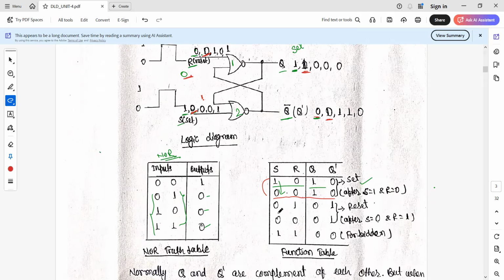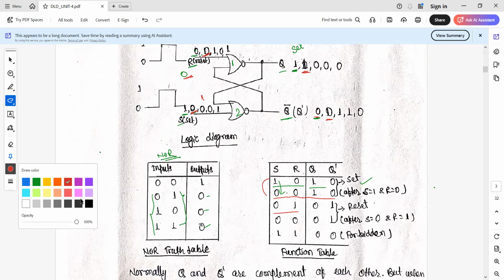Similarly, when we have the condition S is 0, R is 1, for the NOR gate having one input as 1, we are sure that the output is going to be 0. So if you observe here, R is 1 and S is 0. Since for NOR gate 1 one input is 1, we are sure that this output is 0.